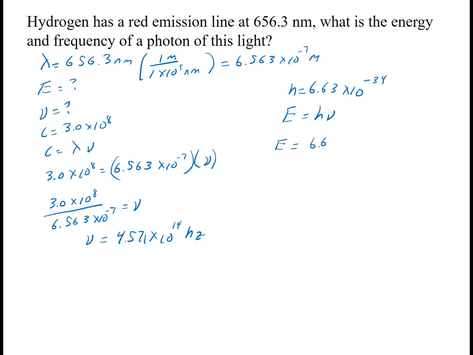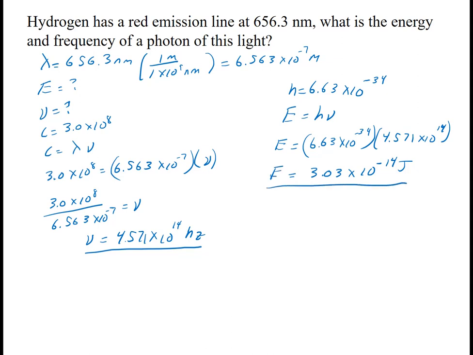So it's going to be 6.63 times 10 to the negative 34 times the nu that I just calculated, 4.571 times 10 to the 14th, gives me an energy of 3.03 times 10 to the minus 19 joules. Okay, and so these are my two answers. Here's my frequency, and here is my energy. So I had two answers for that question.